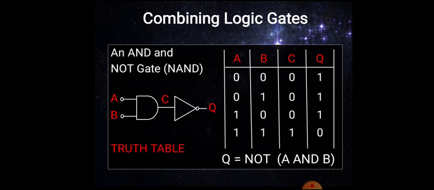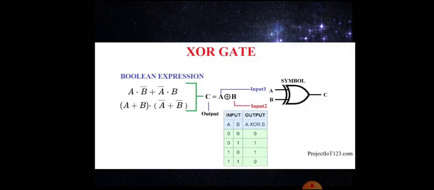The output of the OR gate is A plus B, and when we combine it with the NOT gate, the output will be A plus B whole bar. So that is about the NOR gate. And we have another logic gate also, that is the XOR gate.